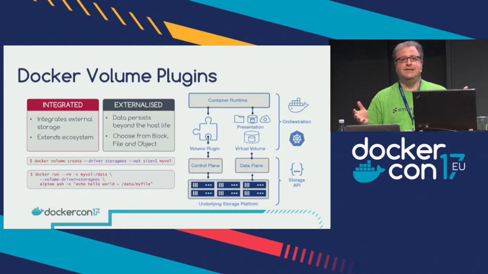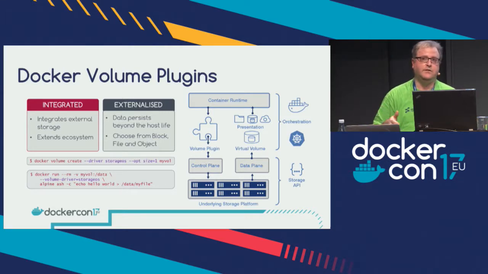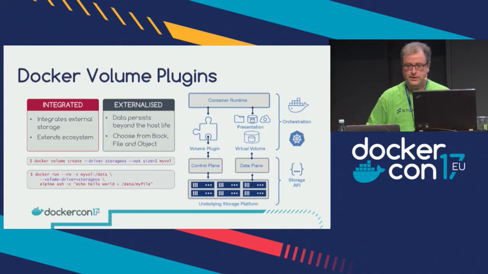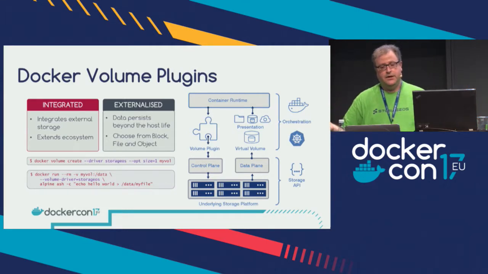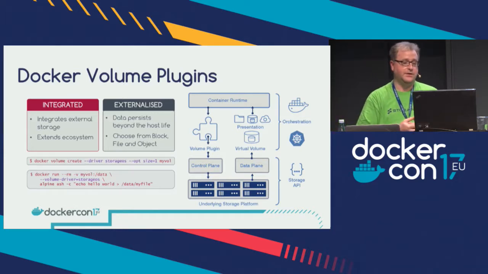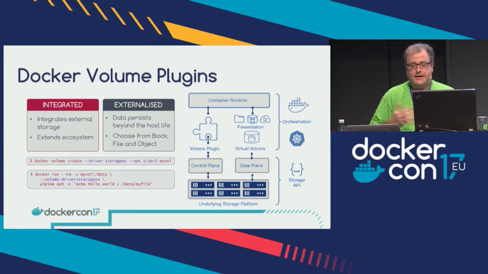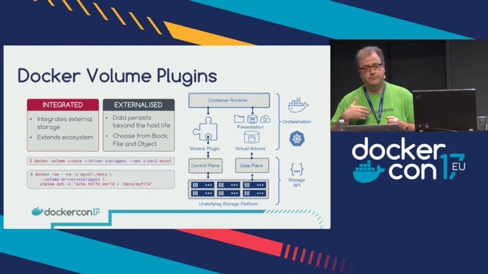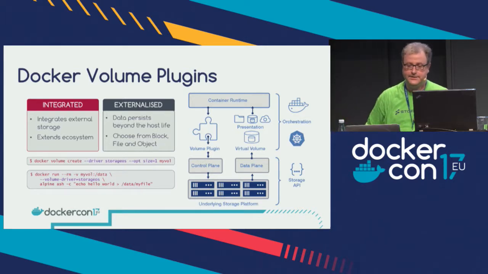It effectively extends the ecosystem to allow you to use external storage providers. There are dozens of different plugins available. Obviously, once you have an externalized storage provider, you get the ability to persist the data beyond the life of the host because the data is no longer tied to just an individual host. And you can actually choose from different storage presentations like block or file or object, depending on what you actually need.